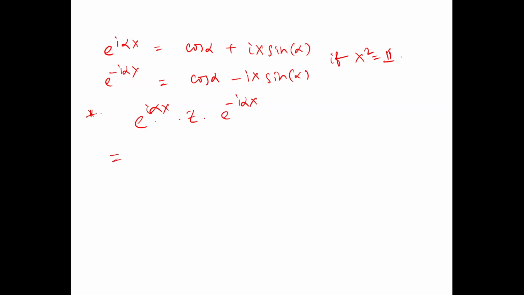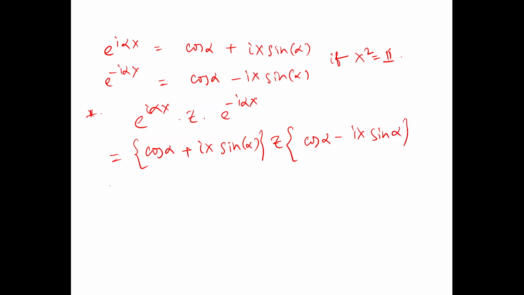So now we can write e to the power i alpha x as cos alpha plus ix sin alpha, and you have z, and cos alpha minus ix sin alpha. And these you can write it.